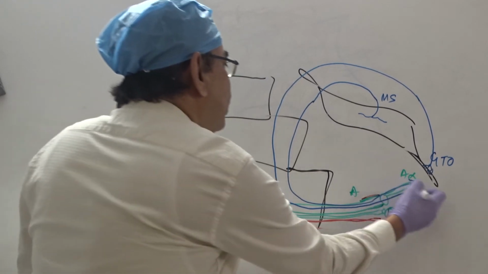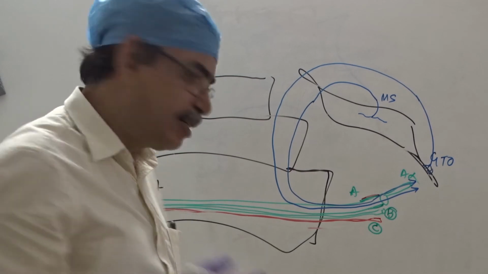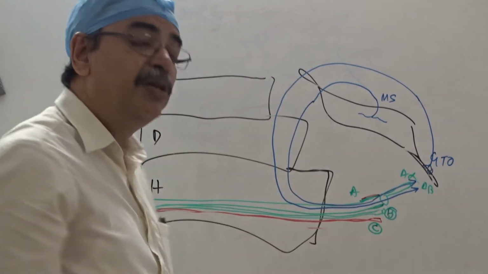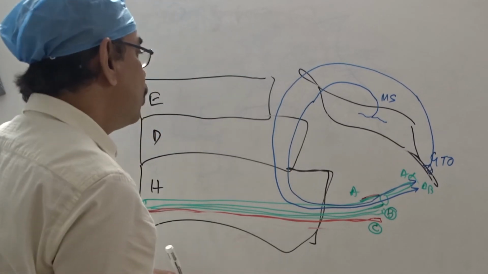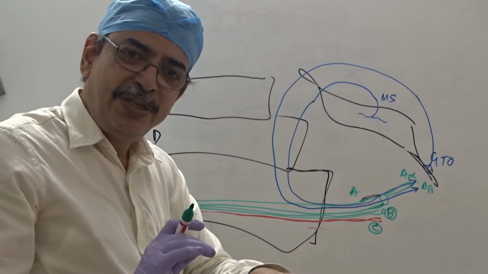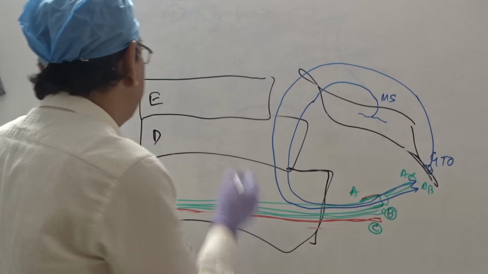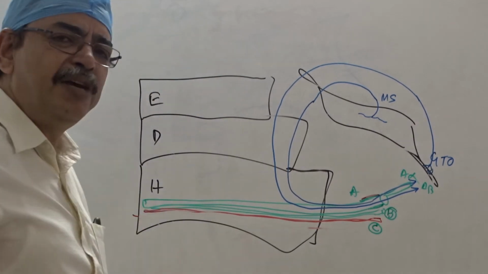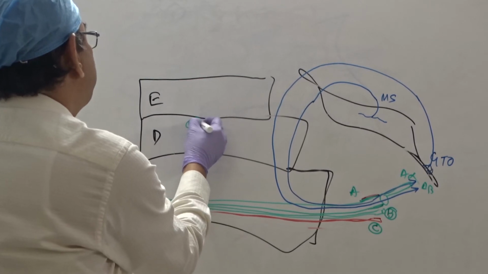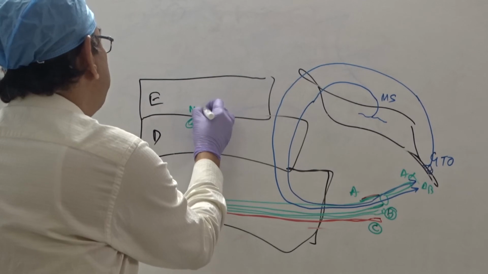A beta is thinner than A alpha, but it is also myelinated, and this A beta also takes the information very fast. What are those informations? The touch, the fine touch, the light touch, the vibrations. In between epidermis and dermis, there is a special type of receptor called Meissner's receptor.